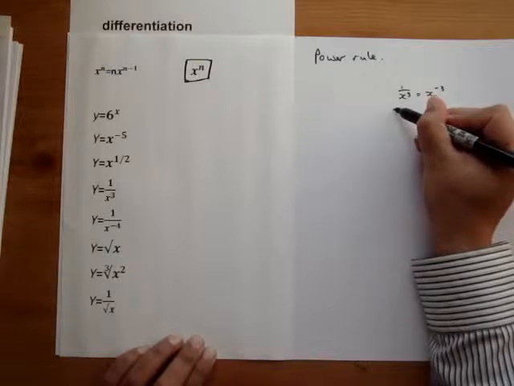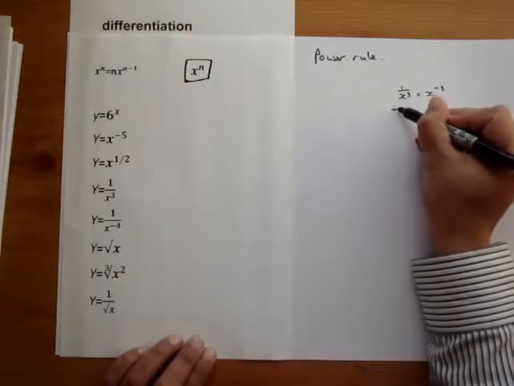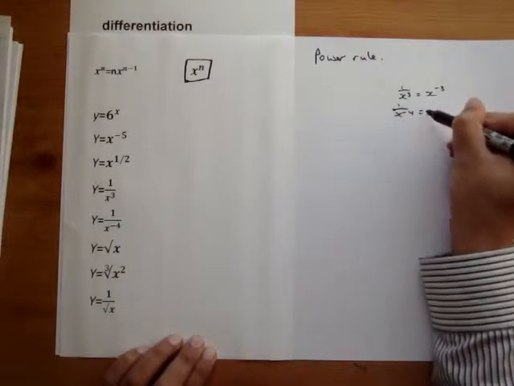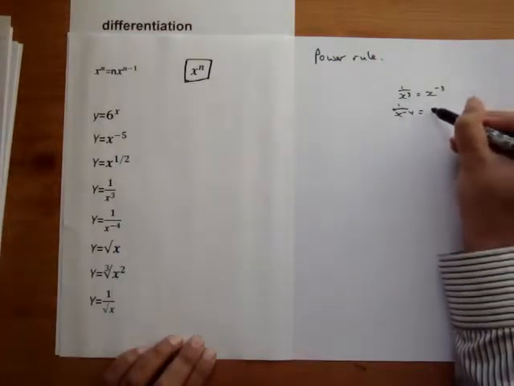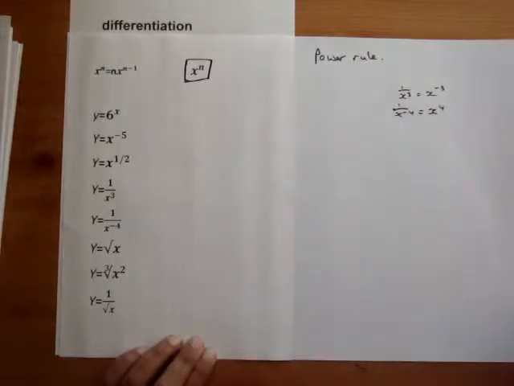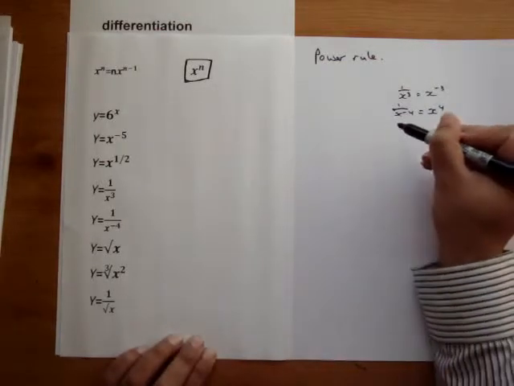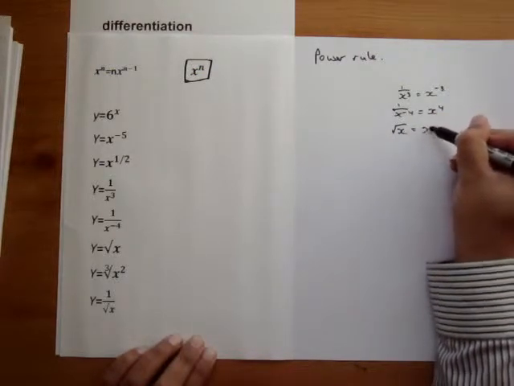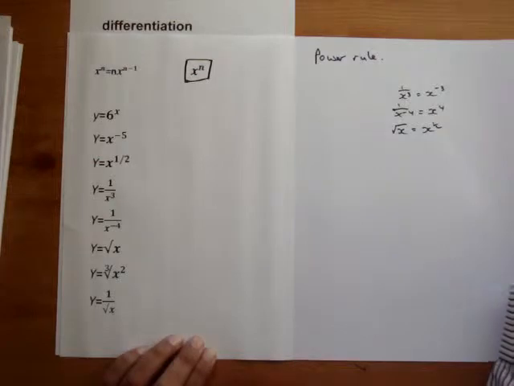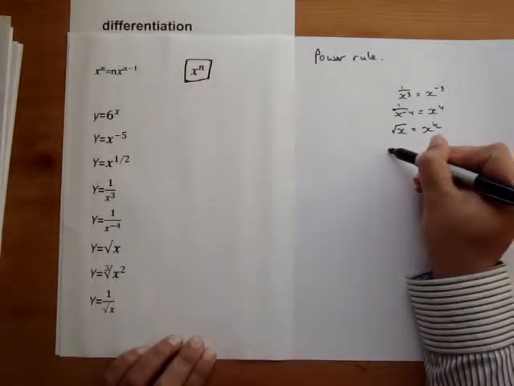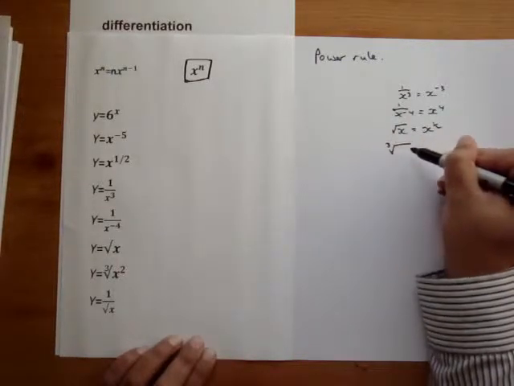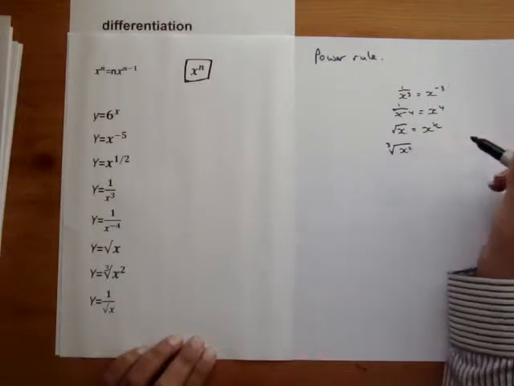Or y equals 1 over x to the minus 4. That's the same as x to the 4. Y equals square root of x. That's the same as x to the power half, using the rules of indices. Cube root of x squared.